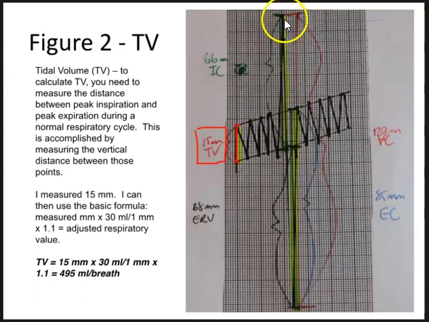And then we have about 3 up top, and then 1 or 2 at the bottom. So 125 plus 5, we're going to say it's about 130 millimeters. Make sure you utilize the large boxes if you need to measure a large capacity such as vital capacity.